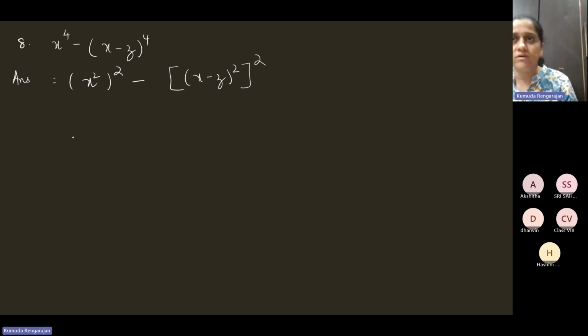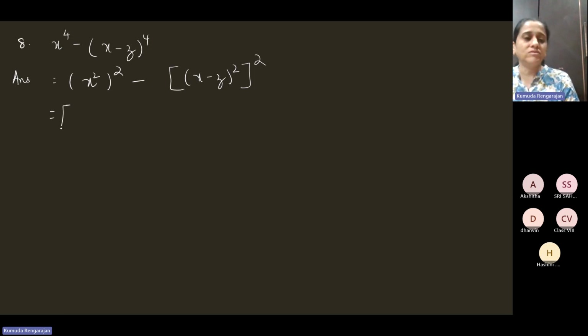So now we expressed it in the form a squared minus b squared. So the factors are a plus b and a minus b. What is a? x squared. What is b? x minus z, the whole square. So x squared is only one term, but b is x minus z the whole square, and that itself is in a simple bracket, right?